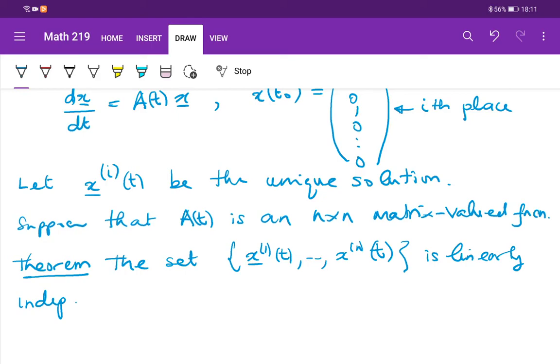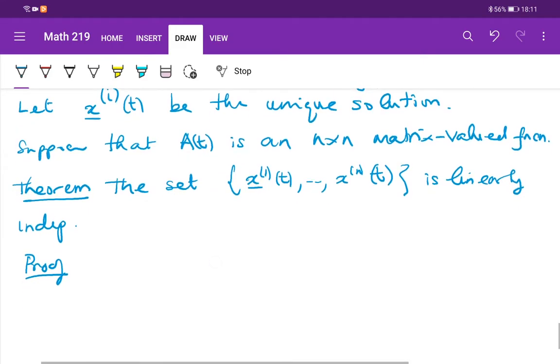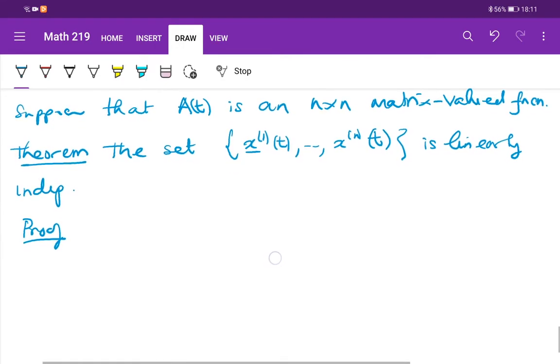When we talk about a linearly independent set of functions, we mean over a certain domain. Here we mean over the whole of the real line. So how do you check this? Well, as we discussed earlier, to check that a set of vector valued functions is linearly independent, the simplest thing to do is just look at its Wronskian. So its Wronskian is the following.